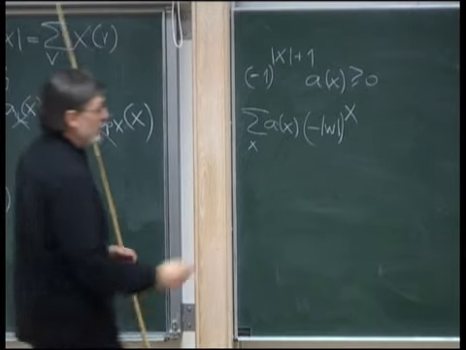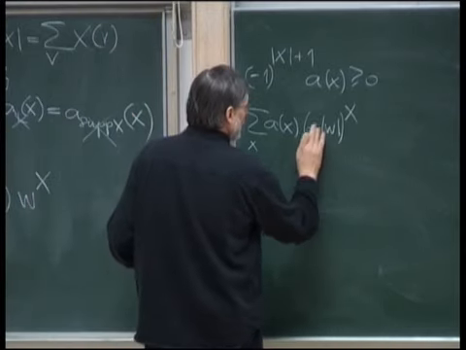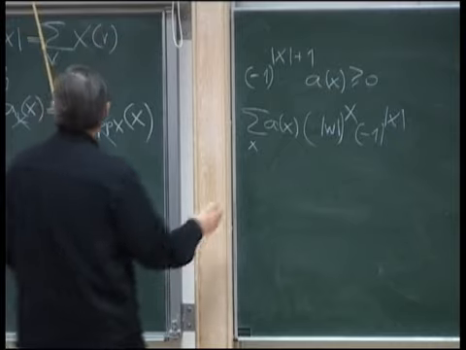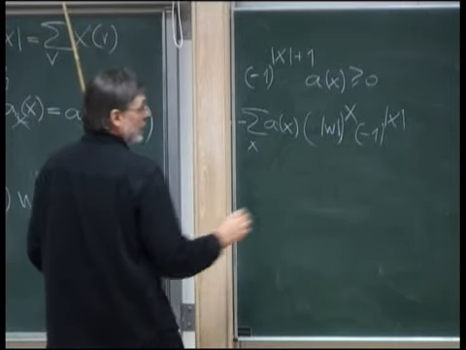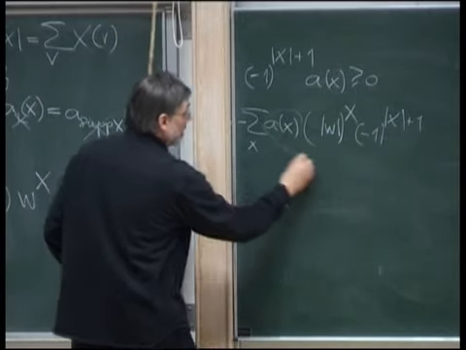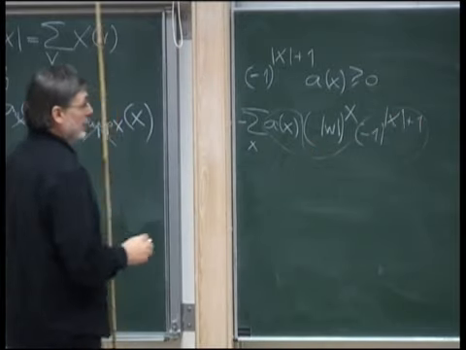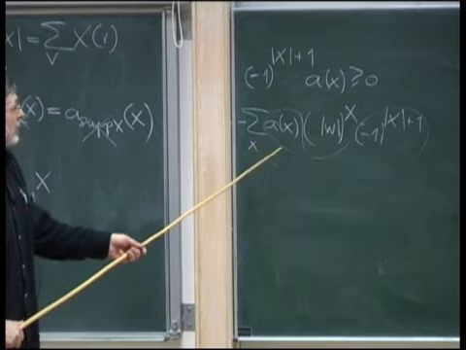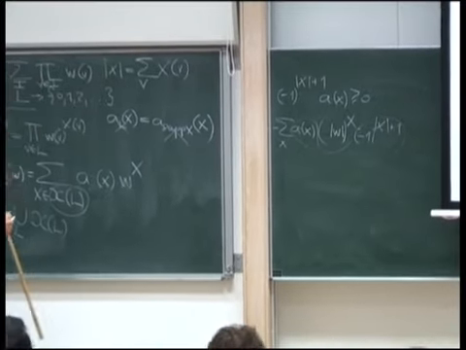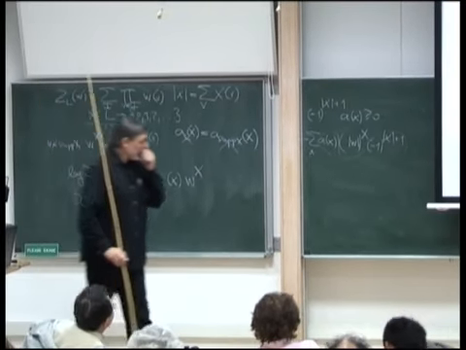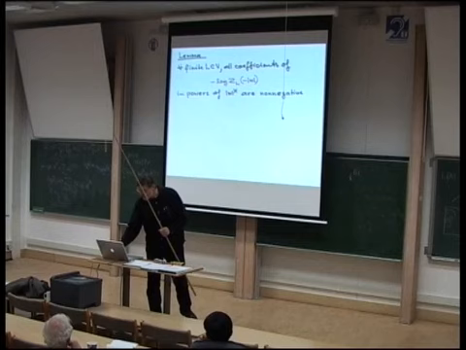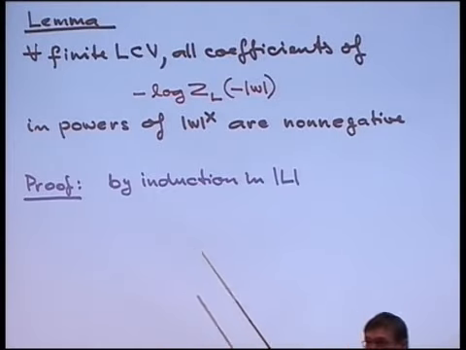If I take out this minus, I have minus 1 to the power of absolute value of x. Then I add one additional minus, so I have this to the power of absolute value of x plus 1. If A_X has exactly the same sign as this, then I will have only positive coefficients in the expansion, because I take minus the logarithm, not the logarithm. So it is clear that it is exactly the same as the sign property, and now I'm going to prove it, strangely, by induction on L.